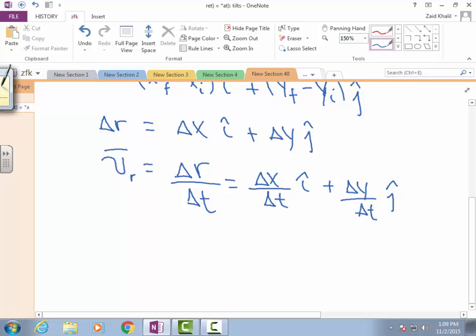But what does delta x over delta t mean? That's the average velocity in the x direction. So we have V_R average equals Vx average i hat plus Vy average j hat. That should be an R.